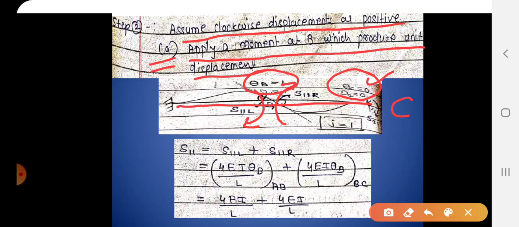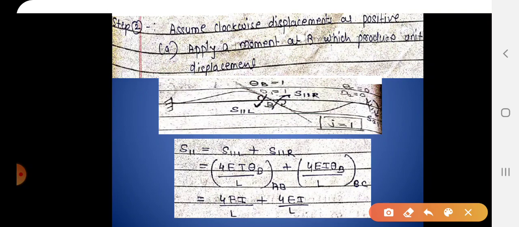As this is the first step, related to the first redundant, J is equal to 1. Now, the moment required to produce unit displacement at joint B will be S11, where I am taking S as stiffness.